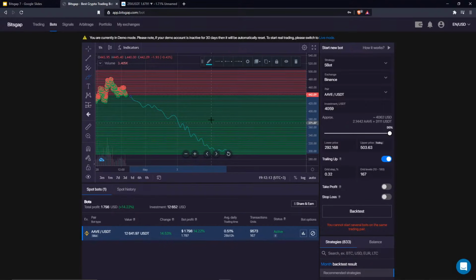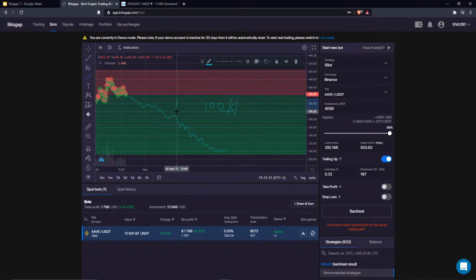amount of money. So as the price of the coin becomes cheaper, let's say per each grid level it spends $100, just for the sake of the example. As the price falls, we can afford buying more coins as they are now cheaper.